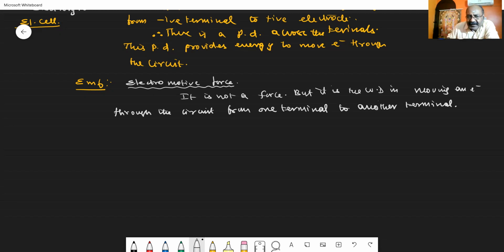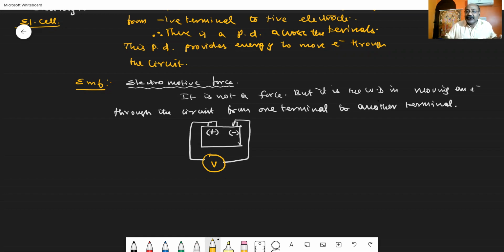See how I can say it. I am considering a cell or a battery in which you have two electrodes. One electrode is taken to be positive and the other is considered negative. Now, in between the two electrodes, you connect a voltmeter.